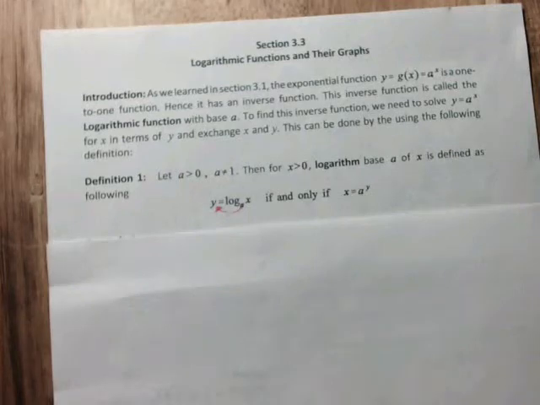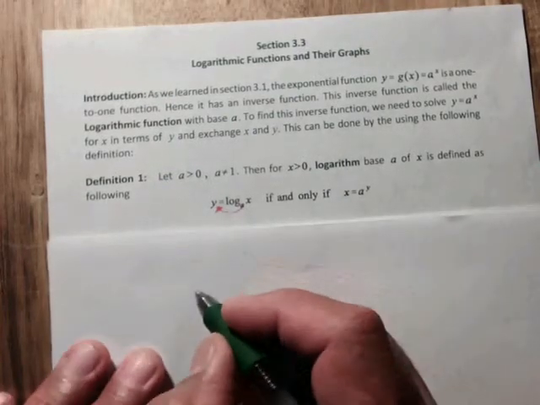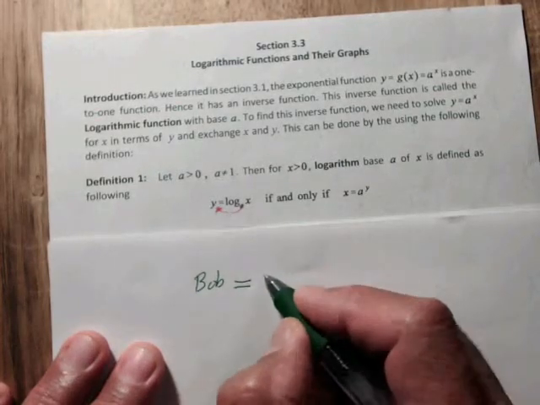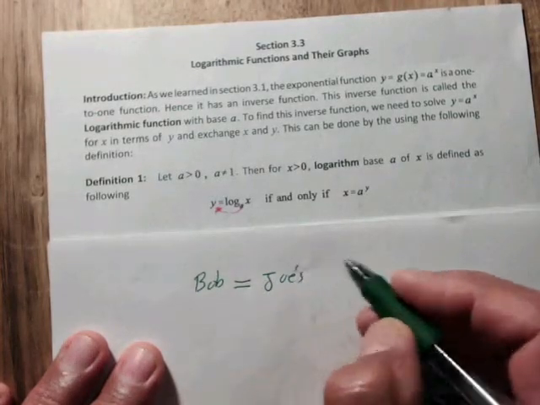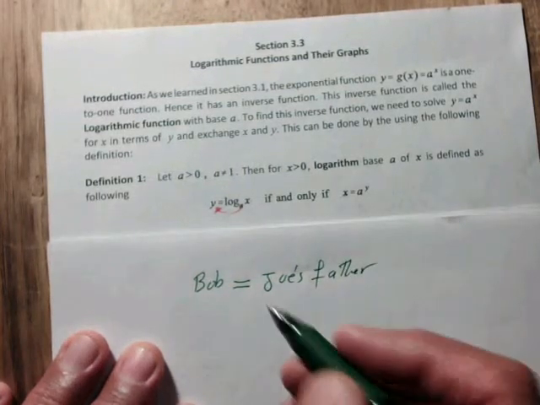One way to look at this is to use a silly example. If I say, for example, Bob is Joe's father, then how can I write Joe by itself?